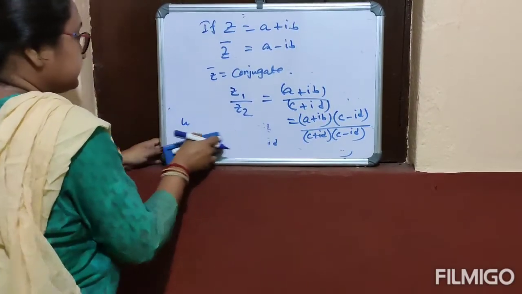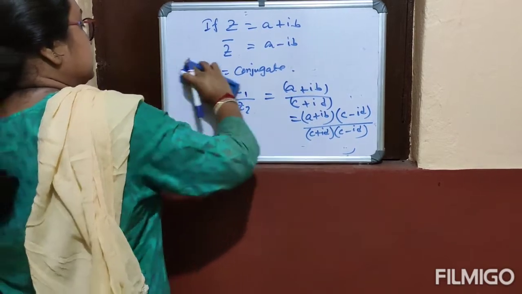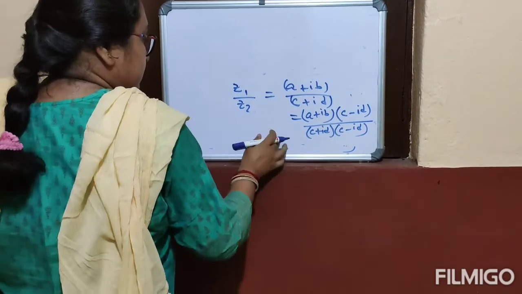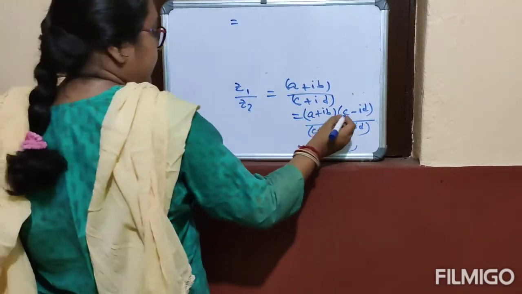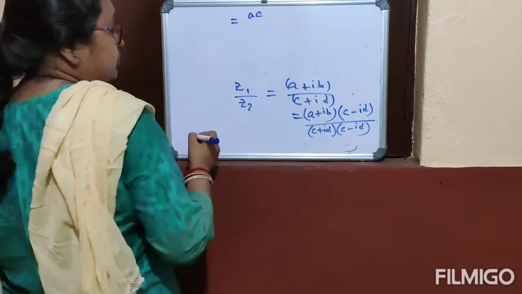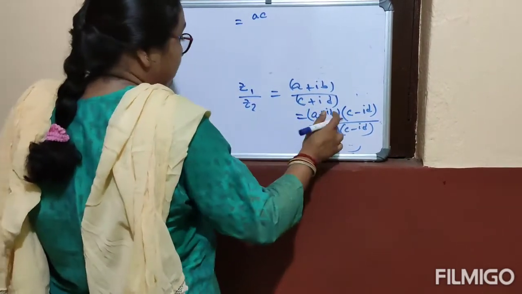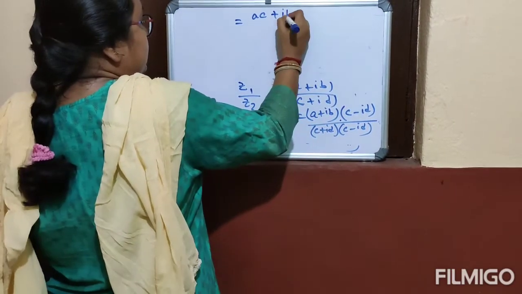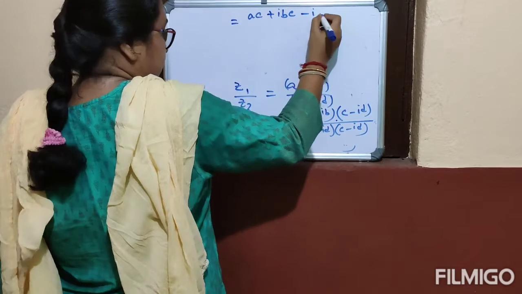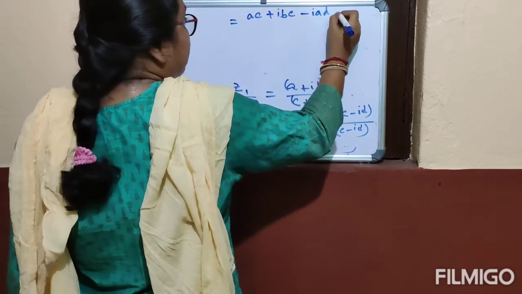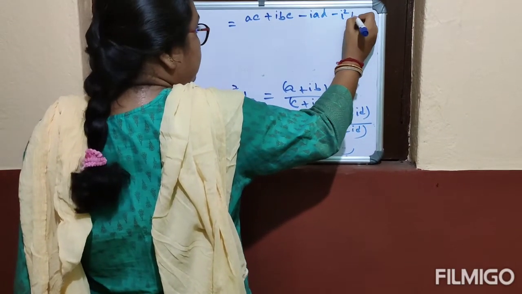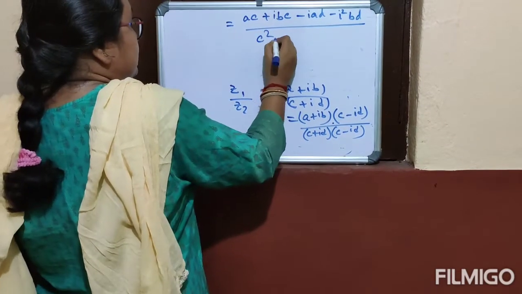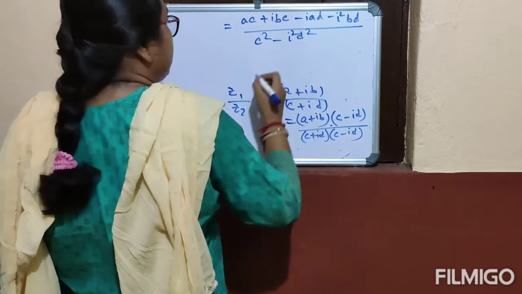Now, this is equal to a into c. I already told you the way to find the value of multiplication: ac plus i into bc minus i into ad minus i square into bd, divided by c square minus i square d square.